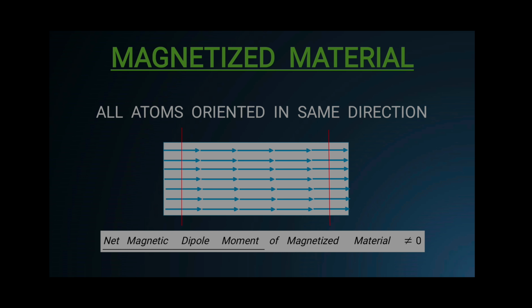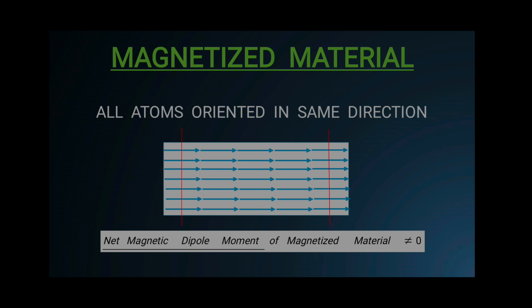When the material is magnetized by applying some external magnetic field, then all the atoms get oriented in the same direction, depending on the direction in which the external magnetic field is applied.